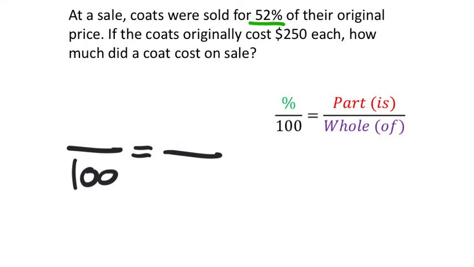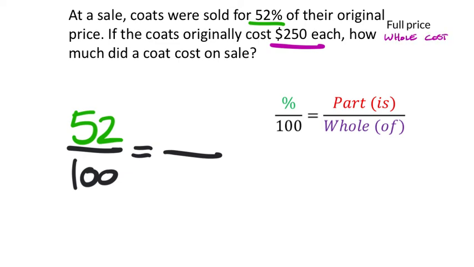Well, they gave us the percent, 52%, and that's of their original cost. The original cost is going to be full price. So we can find the full price here, $250 each, or another way to look at full price would be the whole cost.